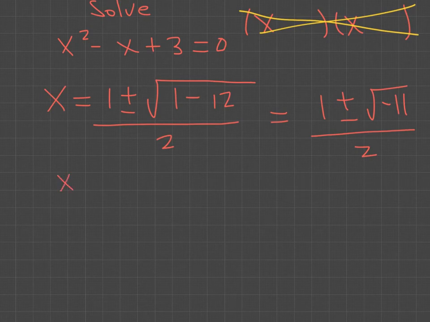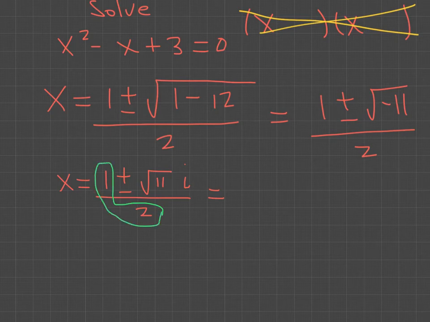Of course, we do not want to leave that negative in the square root, so we're going to rewrite that as 1 plus or minus square root 11i all over 2. Now, if you want to write this so it looks like it has the real part and the imaginary part, we can write the 1 over the 2 and have 1/2 plus or minus square root of 11i over 2.